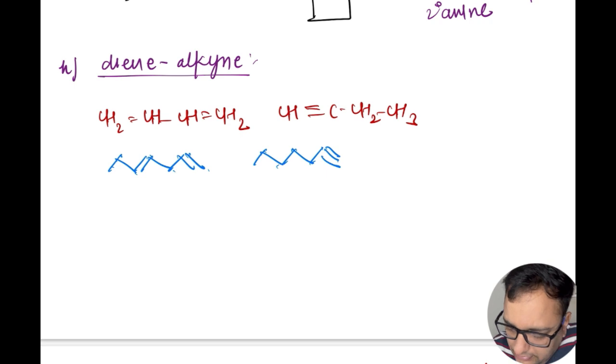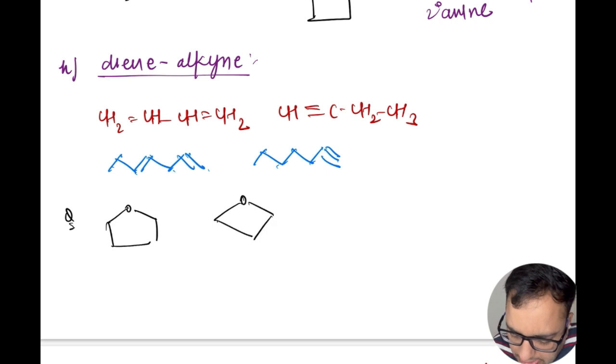So let me ask you a question. If I write this compound and this compound, which type of isomer is this? Certainly it is not a position isomer, certainly it is not a functional group isomer, because both are cyclic ethers.